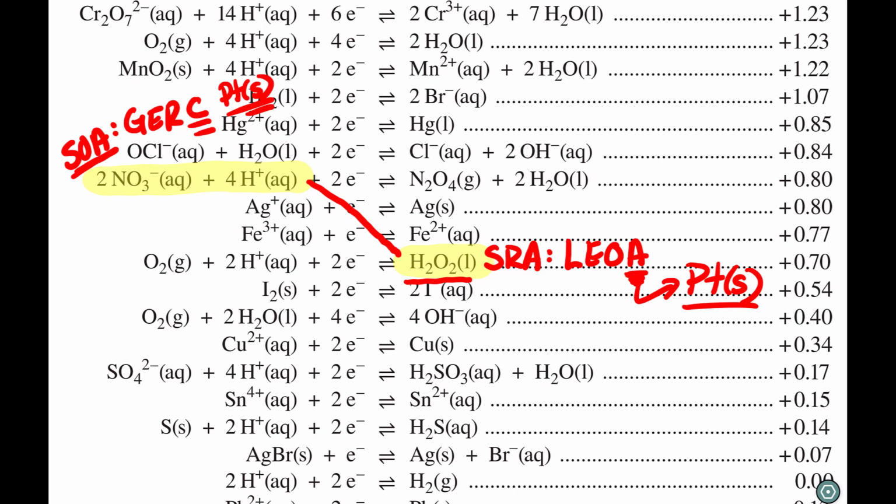So for instance, on the cathode, these two things would bump into each other, accept two electrons, and they would turn into N2O4 gas and into water. So the cathode isn't going to gain mass. On the cathode, we're going to see these bubbles form. On the anode side, the hydrogen peroxides are going to bump into its platinum anode.